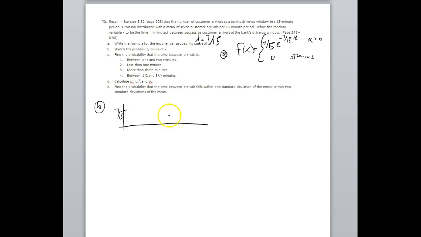And then it just sort of diminishes like that. Okay, that's our probability curve. Hopefully you guys can draw that better. This is about as good as I got with this computer pen. So you can go in the book and find better examples.